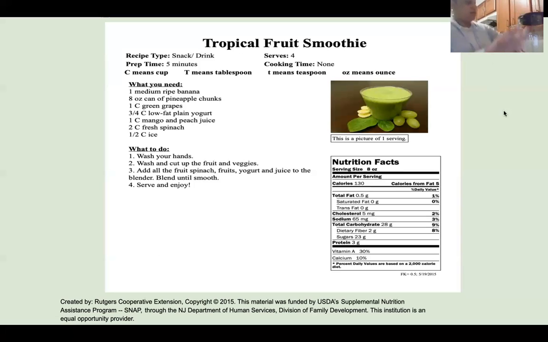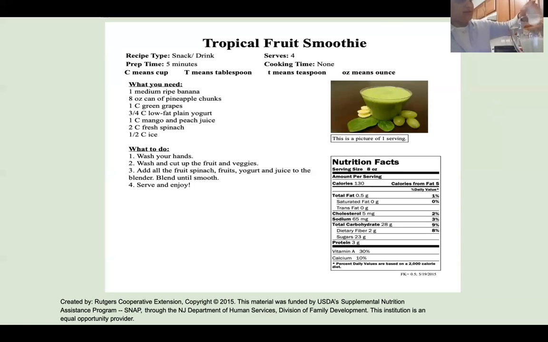The next ingredient that I'm going to add is 3/4 cup. I have all my ingredients already measured out. This is 3/4 cup of low-fat yogurt, but it's the vanilla flavor just to give it a little bit more flavor.